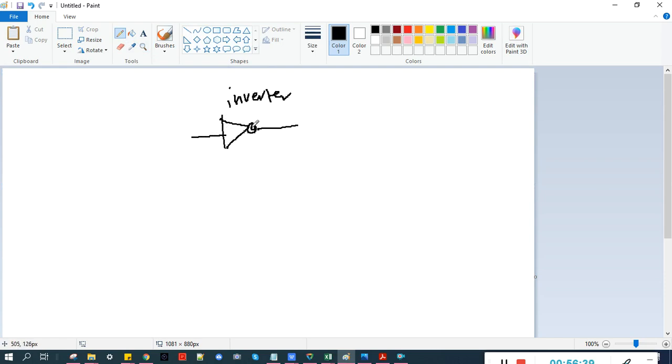And this one is called the bubble. To indicate, because the symbol of the buffer is just a triangle like this. This is the buffer. And whatever the input is just the output. Y is equal to X.